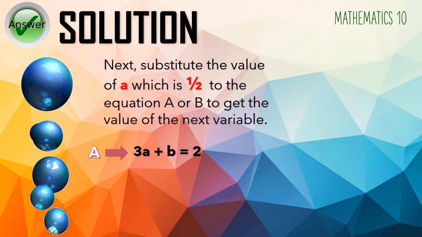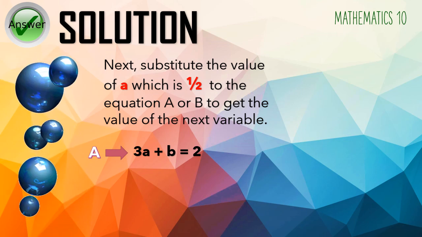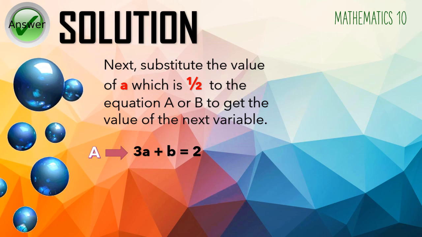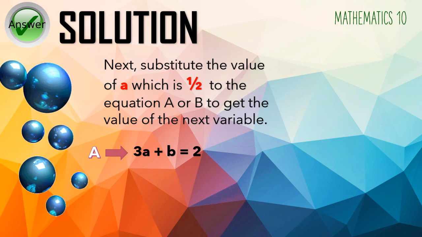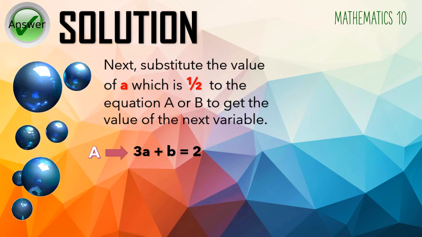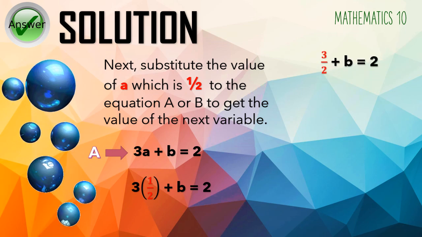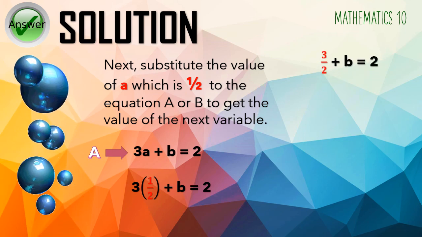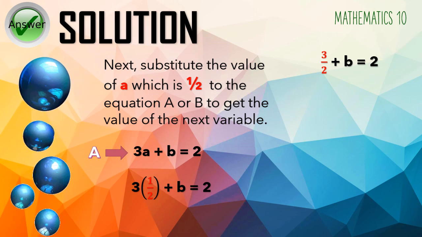Because the numerical coefficients of equation A are lower compared to equation B, so we can easily do the basic operations. Substituting 1/2, 3 times 1/2 is 3/2, plus b equals 2, and then isolate b by applying the addition property of equality.